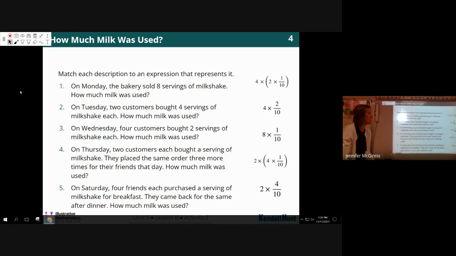Which equation best fits that story? Which equation fits it best and why? Best fit and why? Nikki. 8 times 1/10, she says. Tell me why. Because 8 times 1/10 equals 8 tenths. But doesn't 4 times 2/10 equal 8 tenths? Yes. So why is this a better expression than this?